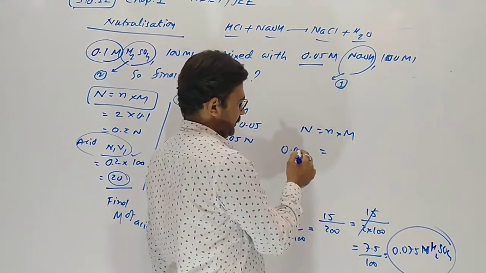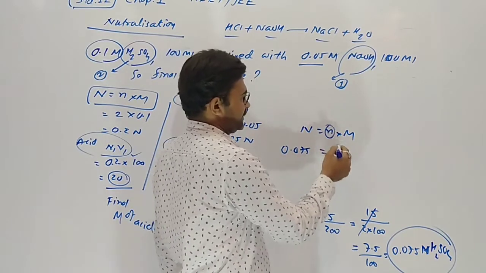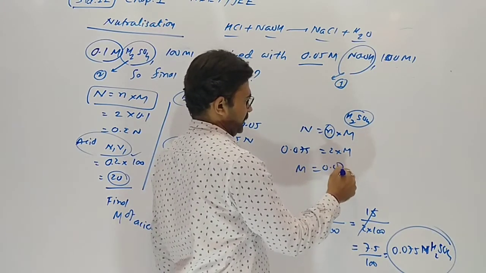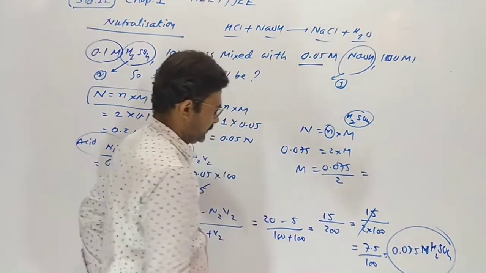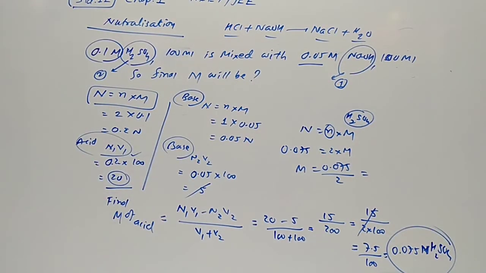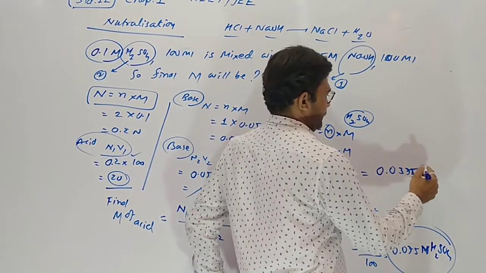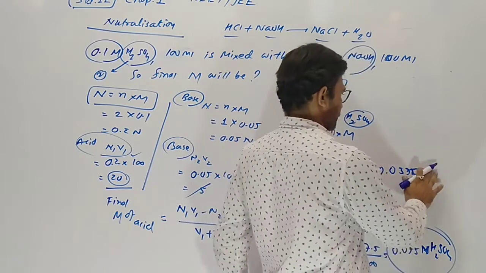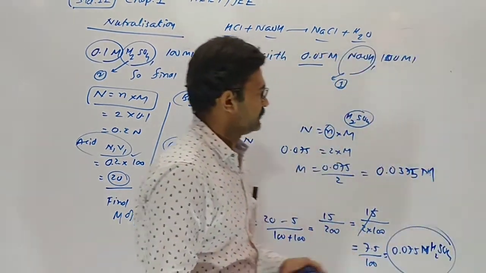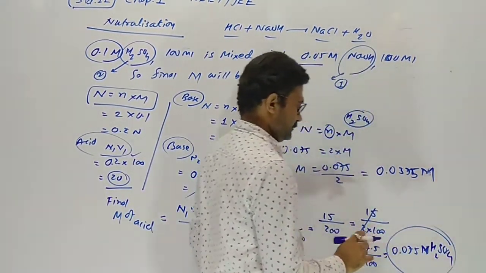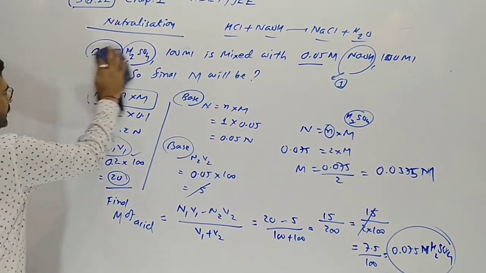Normality is 0.075, the basicity of sulfuric acid is 2, so 0.075 divided by 2 gives the molarity of the final solution. This is our answer. Understood?